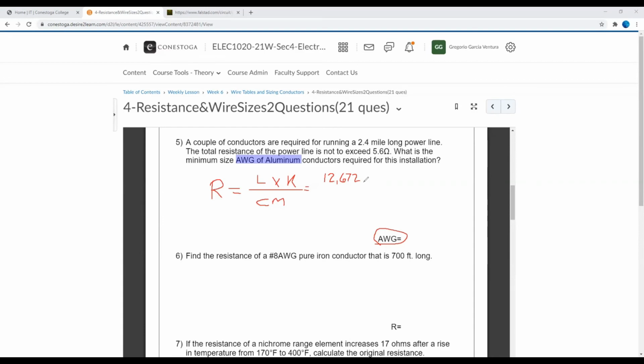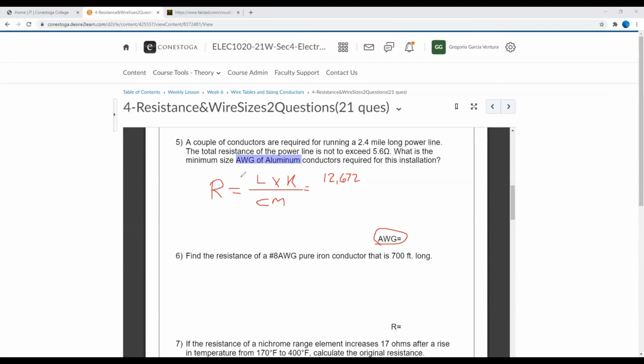So when we determine the resistance of this wire, that's going to be the resistance for just one conductor. So it is important, guys, that we multiply everything times 2.